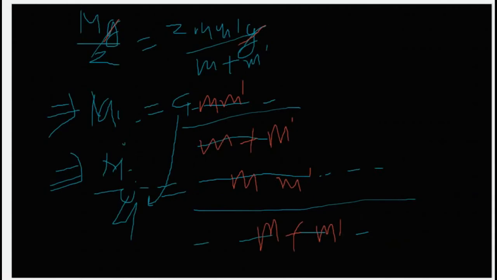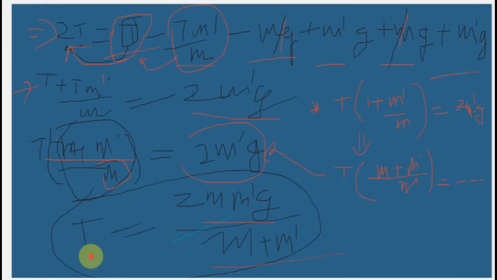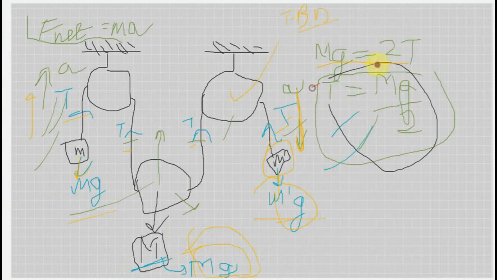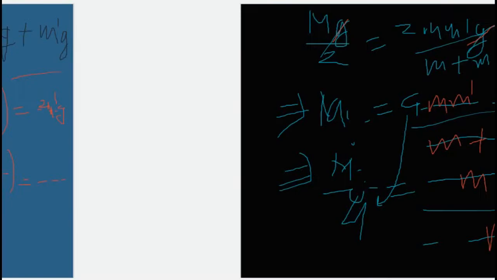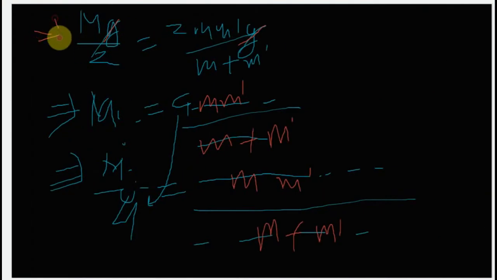Next thing is here we got the value, these tension's value, final tension's value, and at first what I got, the value of tension is mg upon 2. Then we equate these two values and find mg upon 2 is equal to 2m into m prime g upon m plus m prime, and then g and g is cancelled, and then we multiply 2 into 2, that is 4m into m prime.